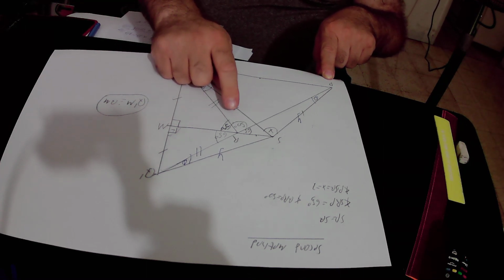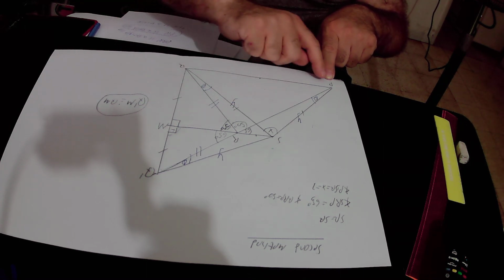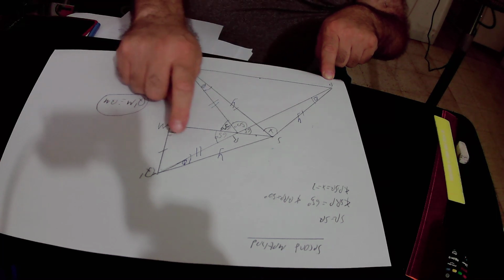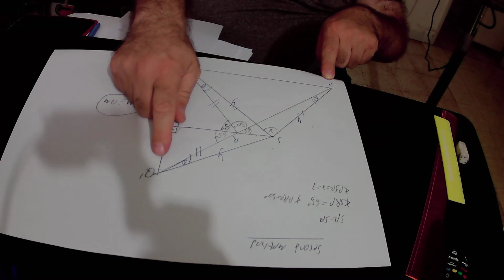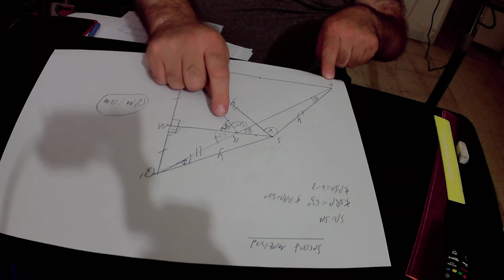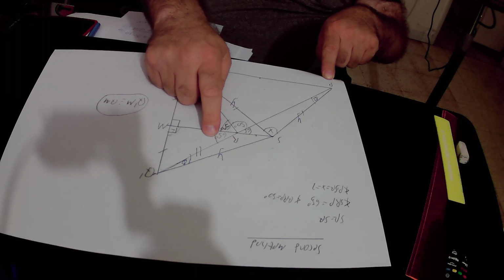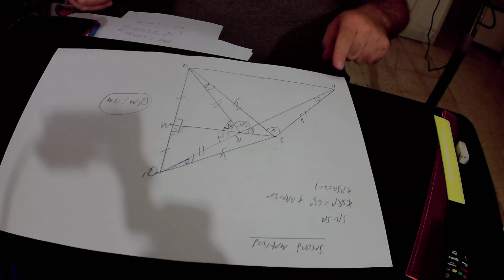And indeed, what is the sum of the angles of PRQ dash from the bottom side? It is 50 degrees plus 65 degrees plus 65 degrees. It is actually 180 degrees.